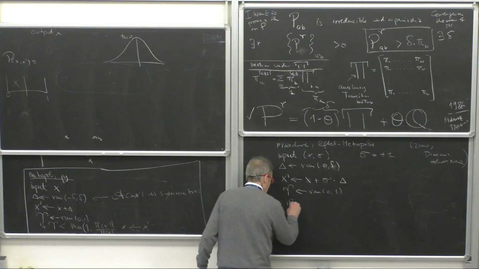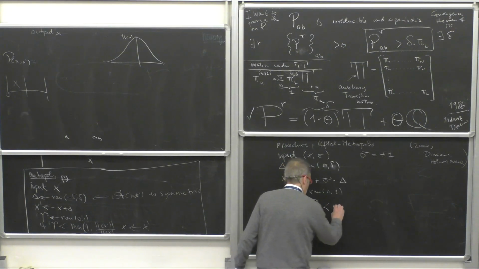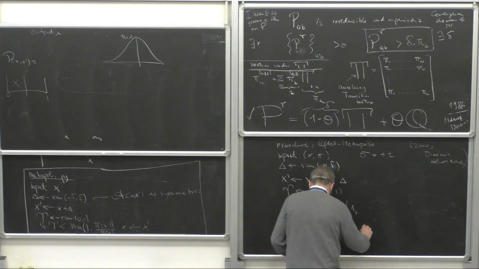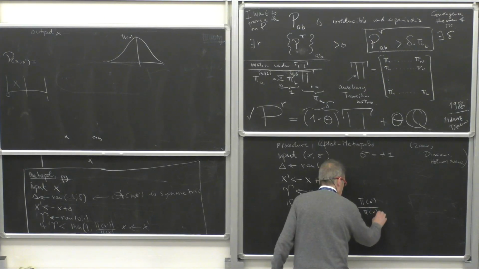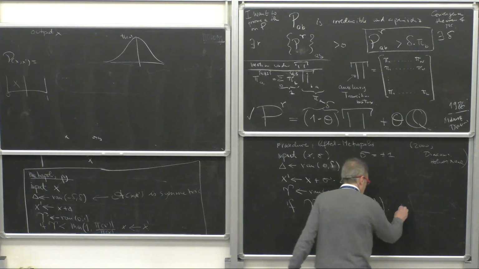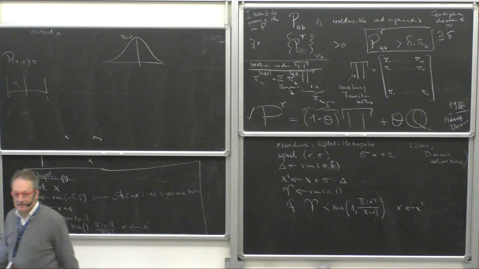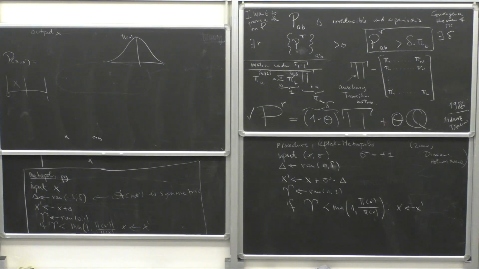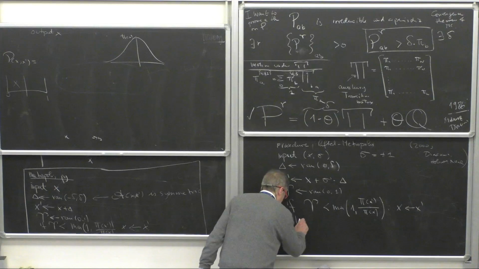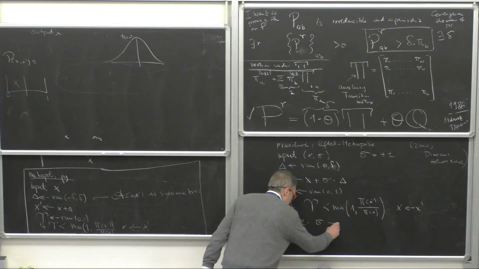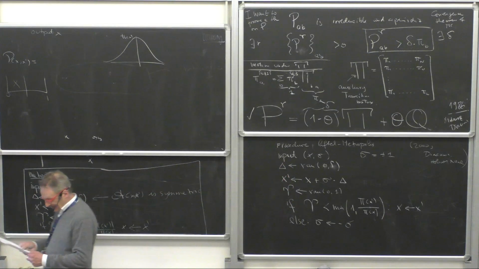And now, if epsilon is less than the minimum of 1, pi of x prime divided by pi of x, then x goes to x prime. Okay, else sigma goes to minus sigma, minus sigma going to sigma. Output.